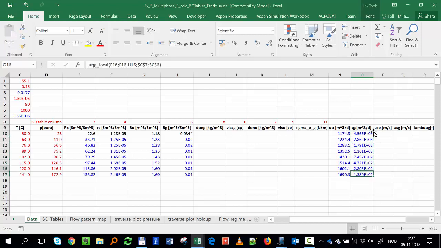Okay, and the gas, you see the gas is doing actually the opposite. The gas follows more or less the behavior of BG, where at high pressure it is very low, and then it starts expanding, expanding, and also with the gas that is coming out from the oil.